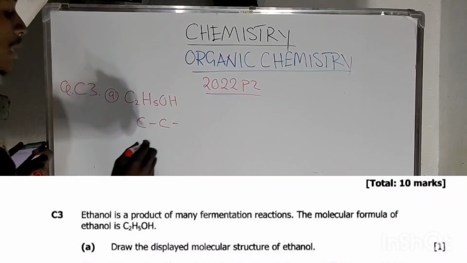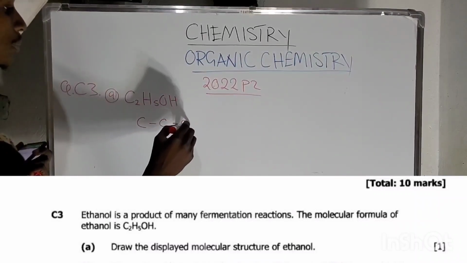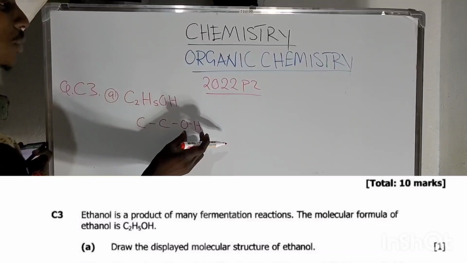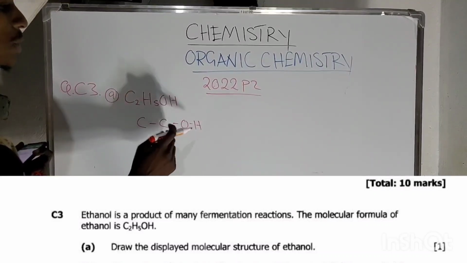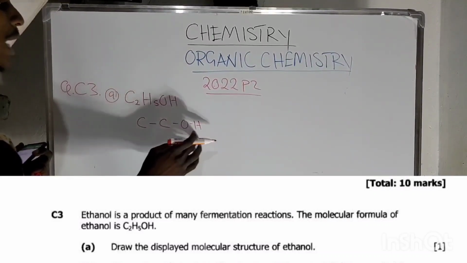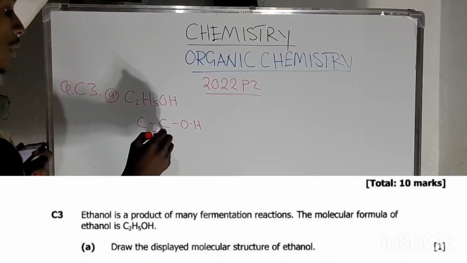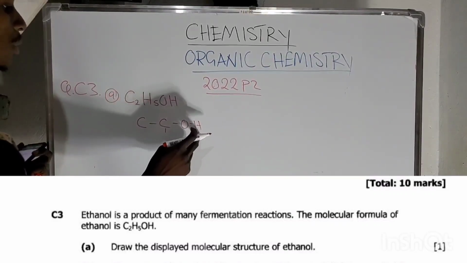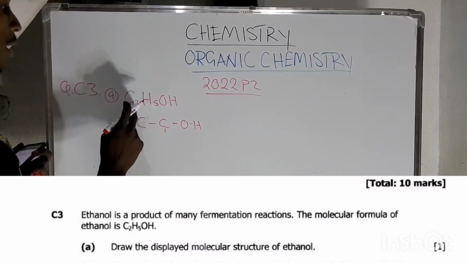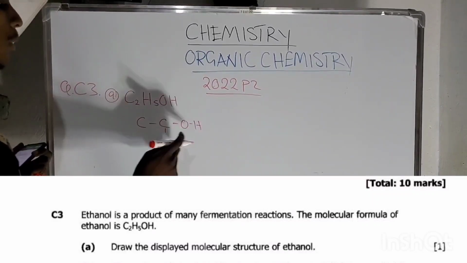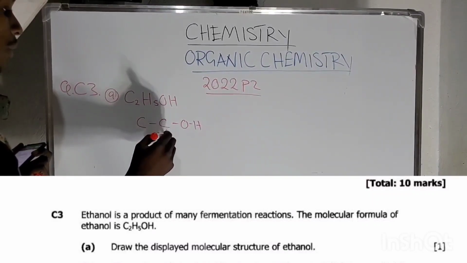Then this side, you add this hydroxyl. OH is not hydroxide here, it is called hydroxyl group. This is the functional group for all alkanols or alcohols.